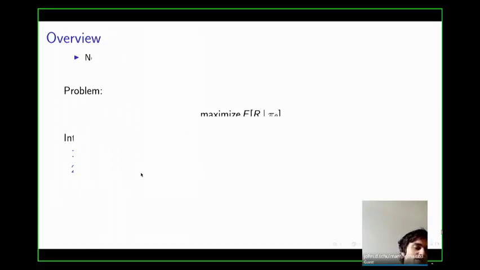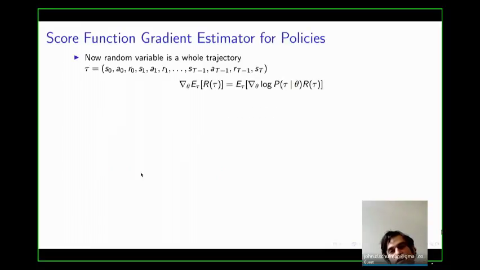Now I'll get into how you actually do that mathematically. The way it works is we're going to use the same kind of score function gradient estimator that we used in the derivative-free optimization setting, except now our random variable, instead of being a policy parameter, is the whole trajectory. Remember how I said that the noise is now in action space or trajectory space rather than parameter space.